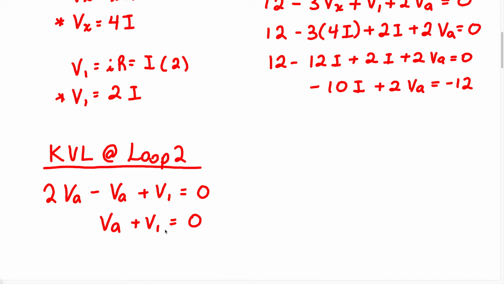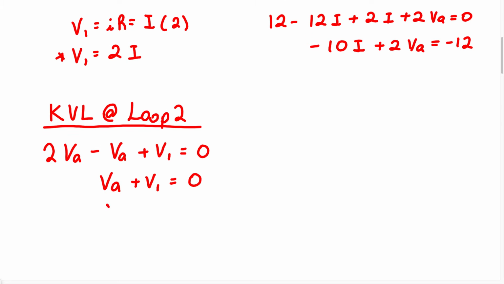We know we just found V1 in terms of Ohm's law, which is current times resistance, right? Just remember, if you know you have a voltage across a resistor, you always want to write it in terms of Ohm's law. So instead of writing V1, we know V1 equals 2I, right? So instead of V1, we can just write 2I.